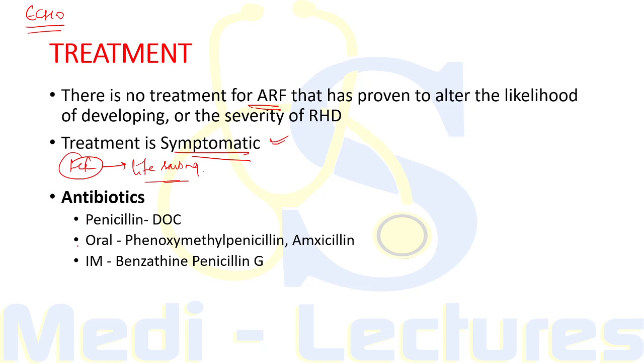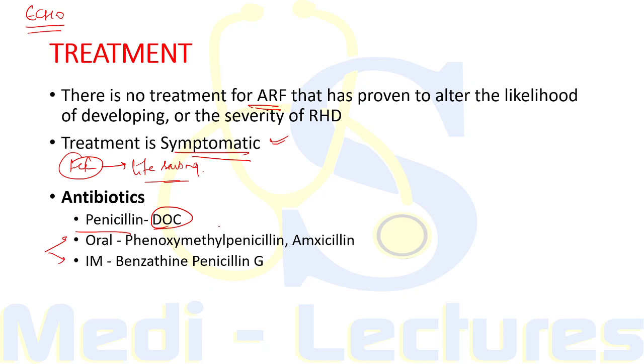Now first let's discuss the antibiotics. All the patients with acute rheumatic fever should receive antibiotics sufficient to treat the precipitating group A streptococcal infection. Penicillin is considered the drug of choice, which can be given either orally or by intramuscular injection.